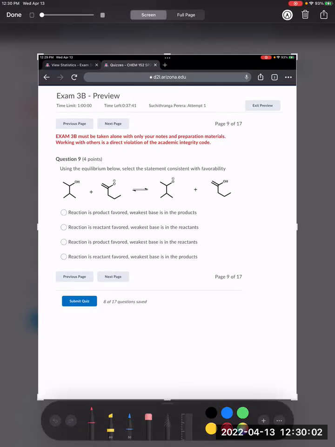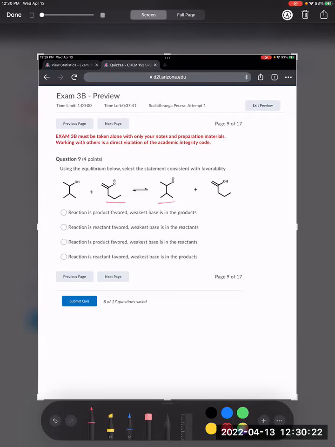The reaction with the most stable base will be favored over the other. Now, the bases in these reactions are, on the reactant side, this one with the negative charge, because it cannot act as an acid because of its negative charge. And on the product side, it has to be this.